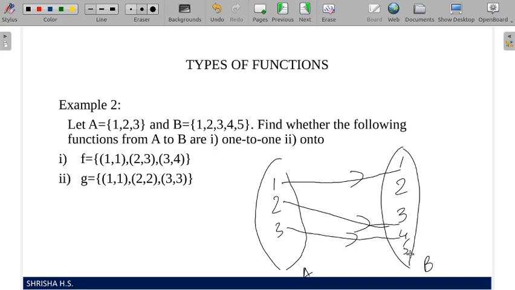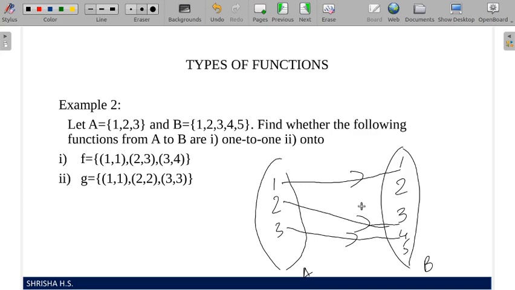First thing, they are not onto. 2 and 5 are idle, so they are not onto. Next, different elements in set A have different mappings, 1, 3 and 4. So different elements of set A have different images in set B. Therefore it is a one-to-one function and it is not an onto function.